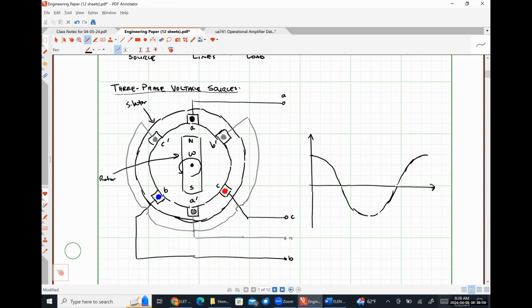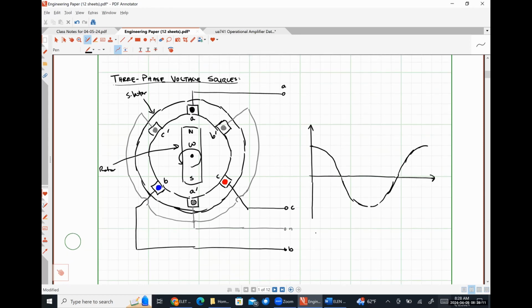So the black curve is what we'll call VAN of t. And it'll have some value. So let's call this VPA times the square root of 2 cosine omega t.